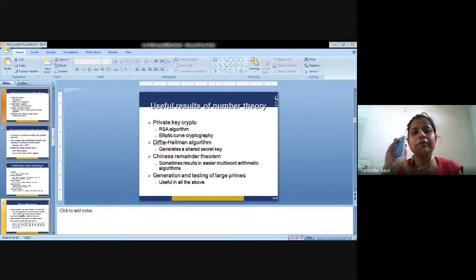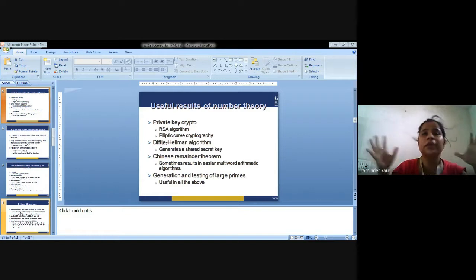So next is the Diffie-Hellman algorithm. So what is the Diffie-Hellman algorithm? In the Diffie-Hellman algorithm, we are generating the shared secret key that we discussed yesterday. We deduce the same key as a result.